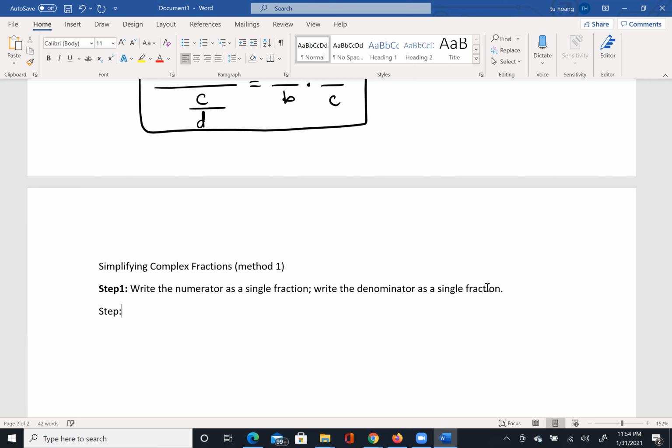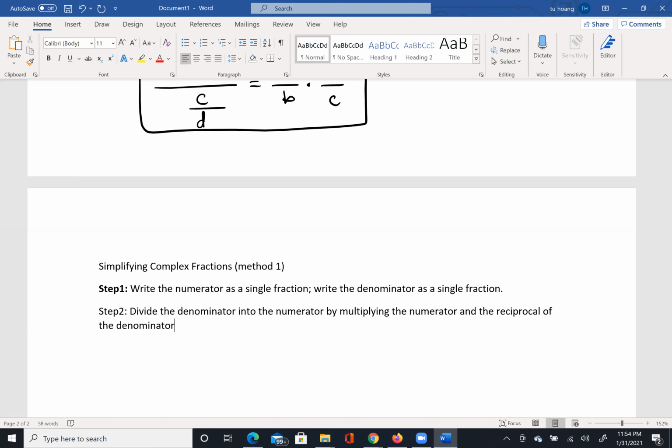Now we move to step number 2. We're going to divide the denominator into the numerator by multiplying the numerator and the reciprocal of the denominator.